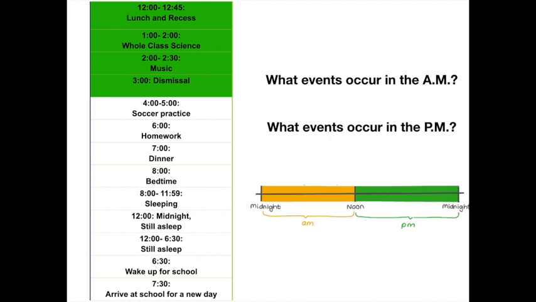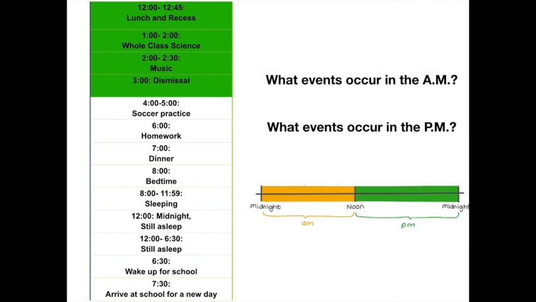So we know the PM is after noon, but it is before midnight. Okay, let's think. I go to soccer practice from 4 to 5. I have homework to do at 6. I eat dinner at 7. I go to bed at 8. Are those events all in the AM or the PM?